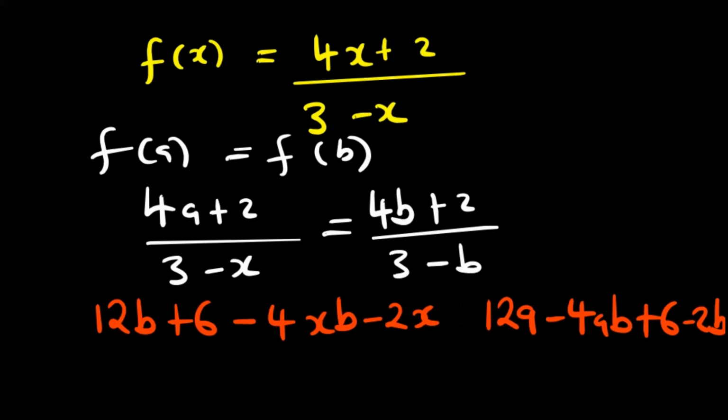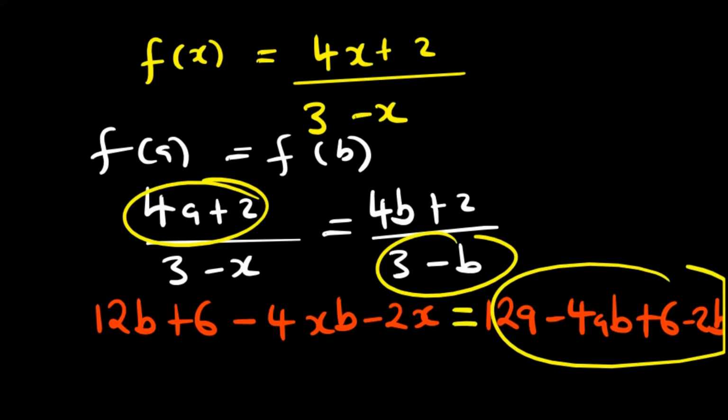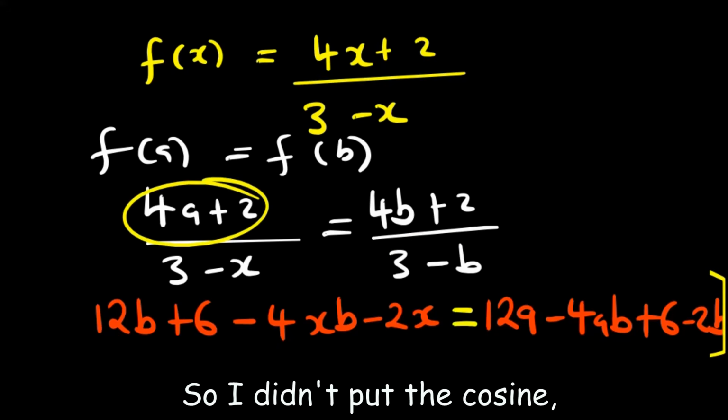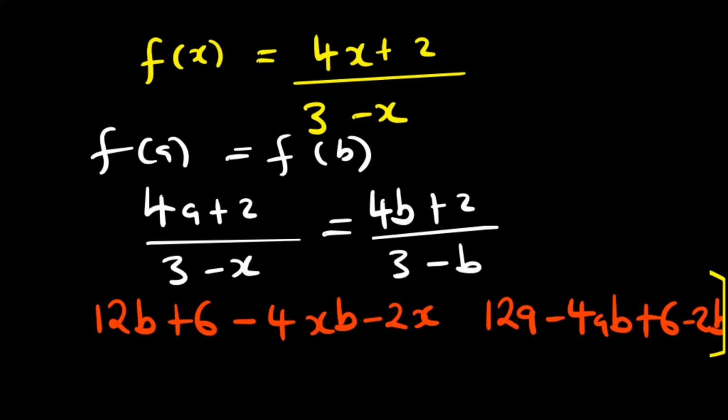Where am I putting the equal sign? Yes, here I'm supposed to have an equal sign, because when we went this side, we multiplied that, it gave us this whole expression. So I didn't put the equal sign. Apologies for that. Now like this, what do we now do?